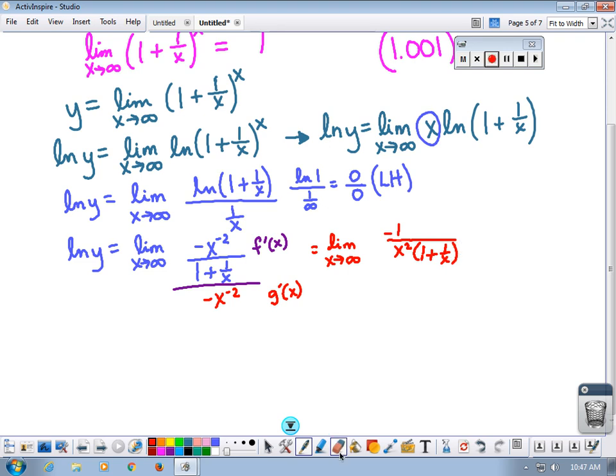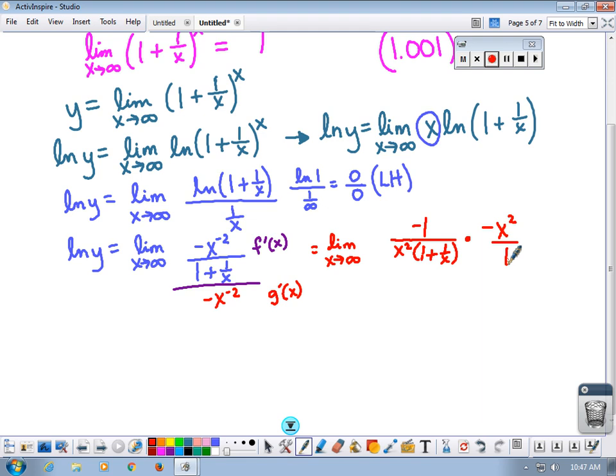Your denominator is also negative 1 over x squared. We would flip that and multiply by the reciprocal, so negative x squared over 1.